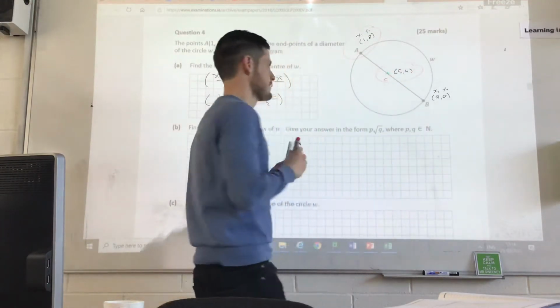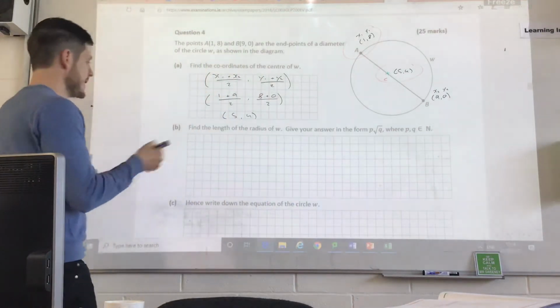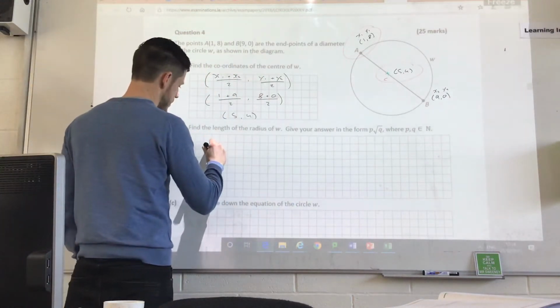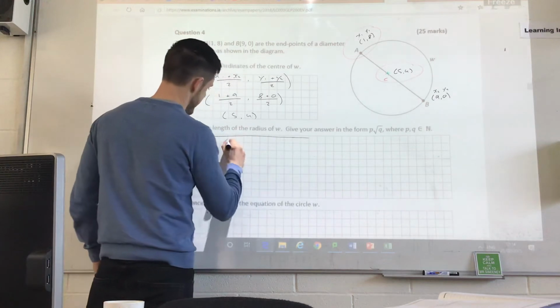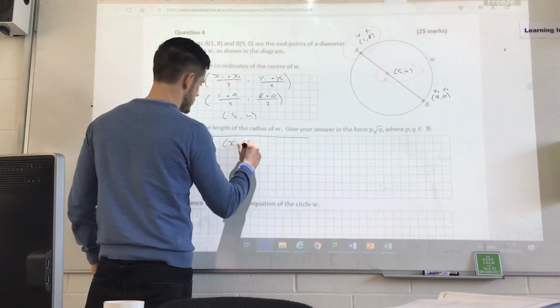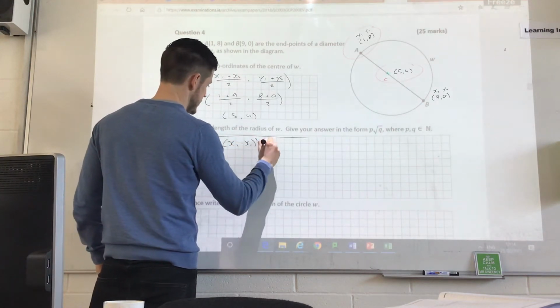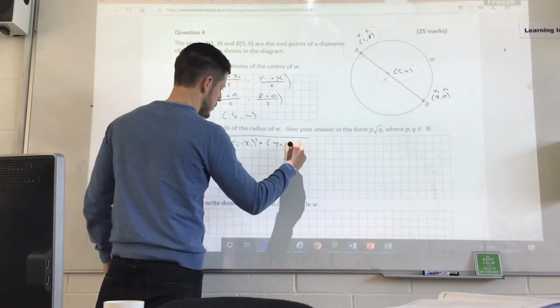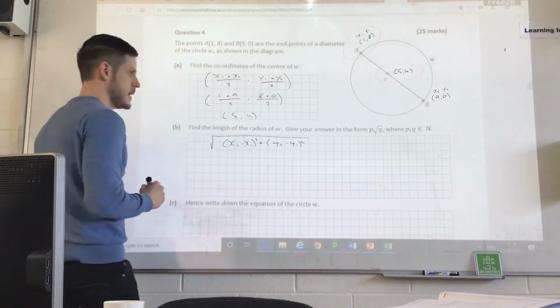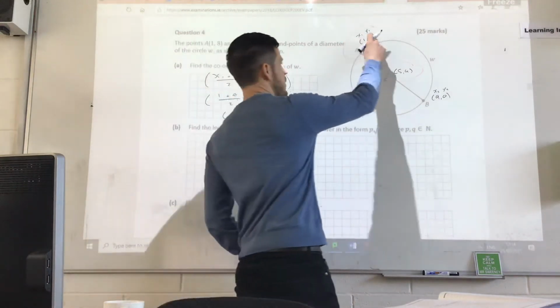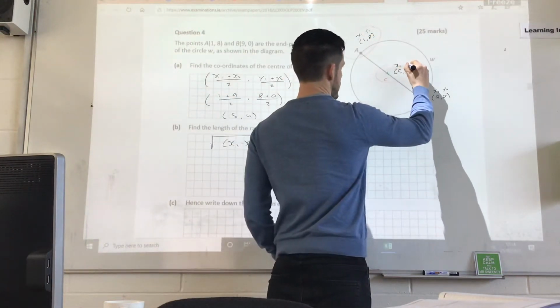The distance formula is given in your table, and it's the square root of x2 minus x1 squared plus y2 minus y1 all squared. This is x1, y1, and this is x2, y2.